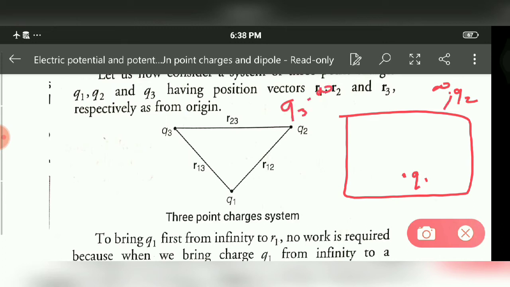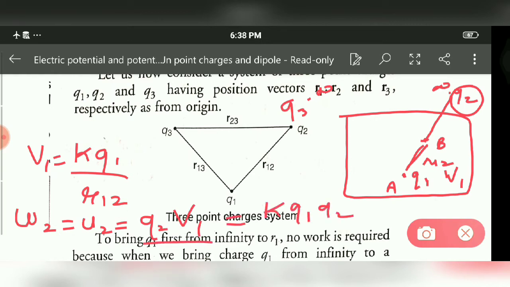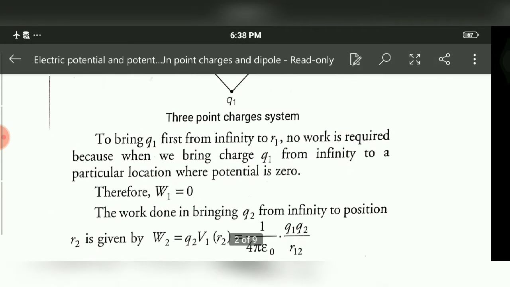Now we do work in bringing charge q2 to point B, where q1 is already at point A. This q1 offers a potential V1 to charge q2, where V1 is equal to k q1 over the distance between them, r12. So the work done, or U2, is q2 V1, which equals k q1 q2 over r12.